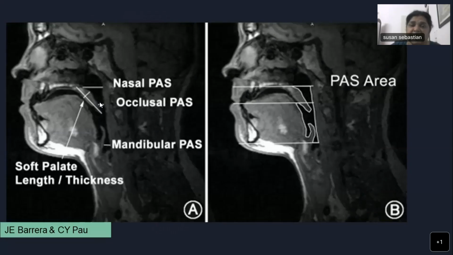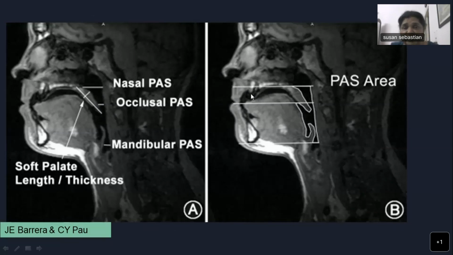If you look at an MRI, it will be clearer. See, this is again the soft palate. You see the length of the soft palate and the thickness of the soft palate. And this is the posterior nasal spine. This is the posterior airway space behind the palate. And this is the mandibular posterior airway space between the epiglottis and the posterior pharyngeal wall.